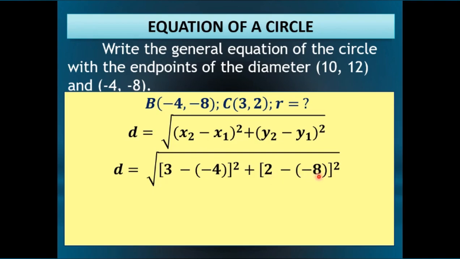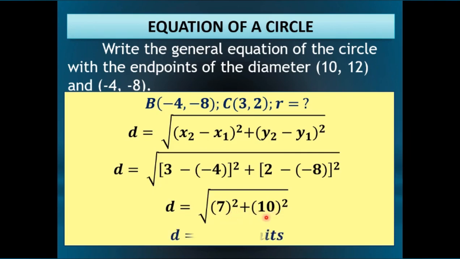So that is 10 squared. So we have again the square root of 7 squared plus 10 squared. And then 7 squared again is 49 and 10 squared is 100. Getting the sum will get the square root of 149 units. And again, we have obtained the same answer for the length of the radius.